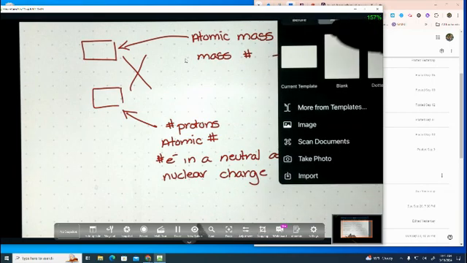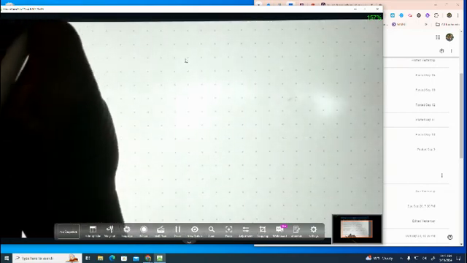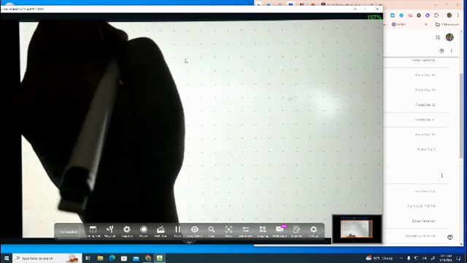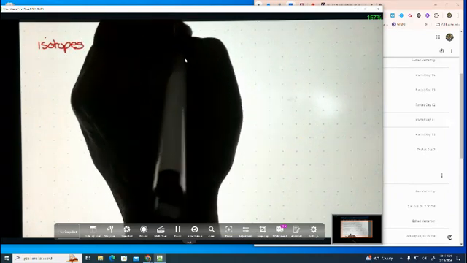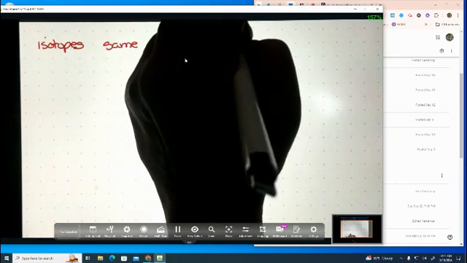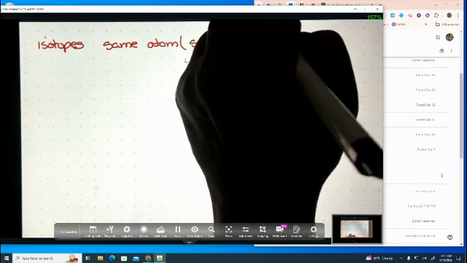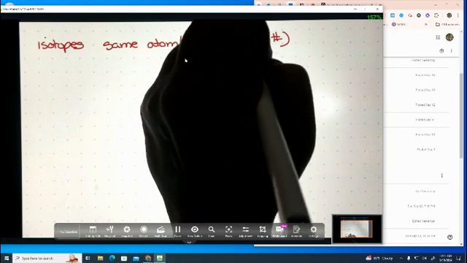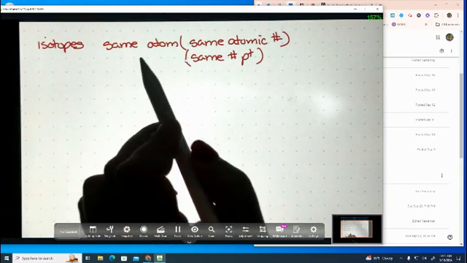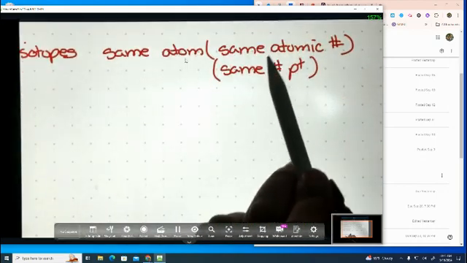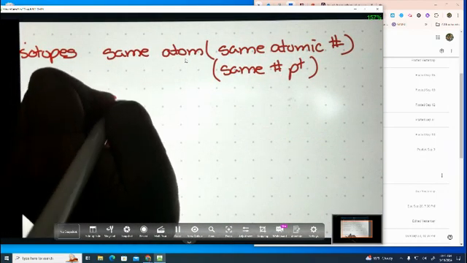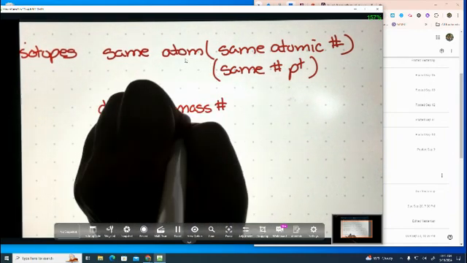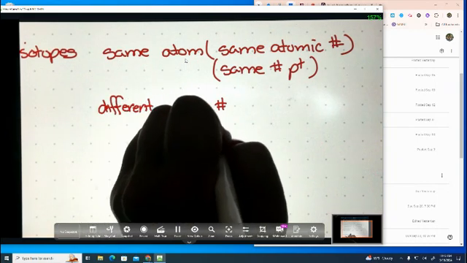So let's get it on another paper. I know that this is a review. Go ahead. Is an atom with a different number of neutrons then? Okay. So they're the same atom, which means they're going to have the same atomic number, which means they're going to have the same number of protons. These are all the same, right? Same atom. They're going to have the same atomic number, same number of protons, but they're going to have different mass numbers or number of neutrons.